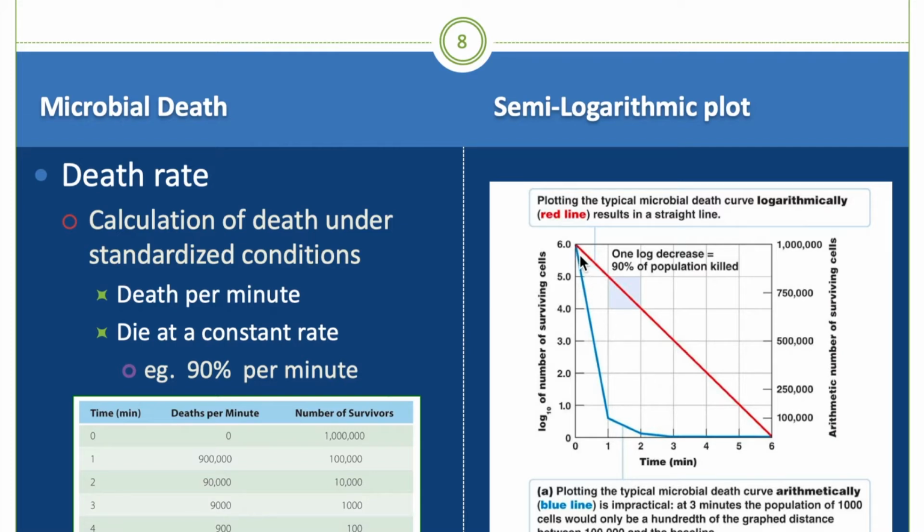You look at a practical graph in terms of the death rate. That's how it looks, the blue line. What you will notice is that by the time it gets to 3 minutes, you don't actually see any difference in the number of bacteria that die.